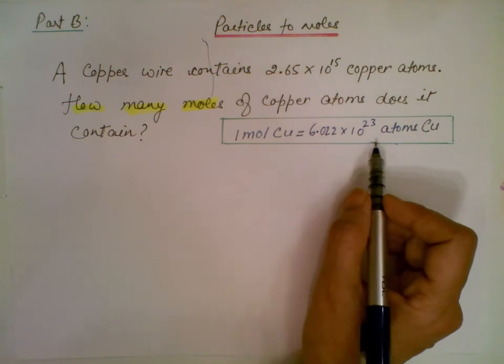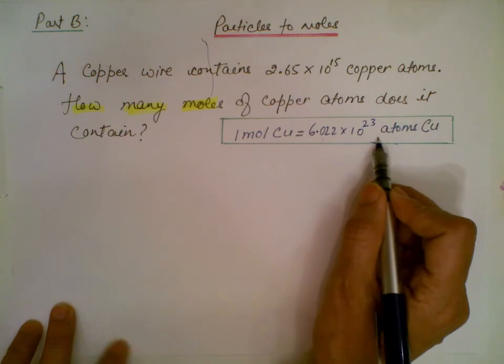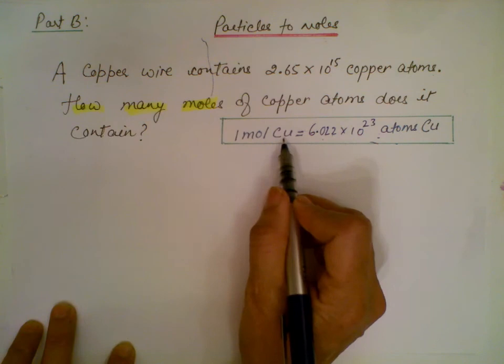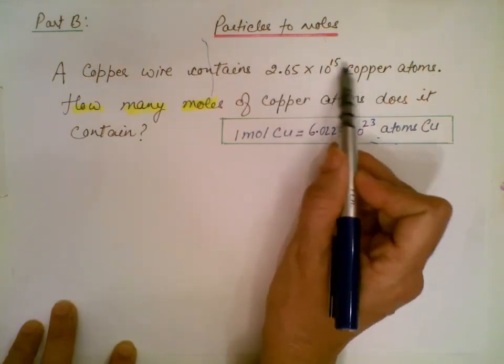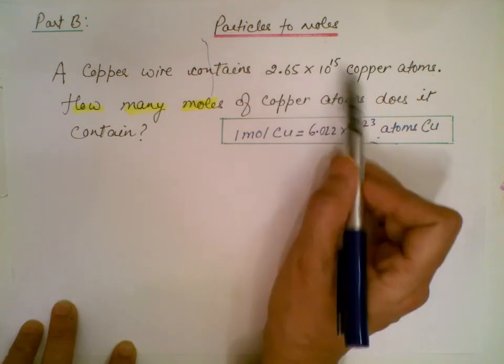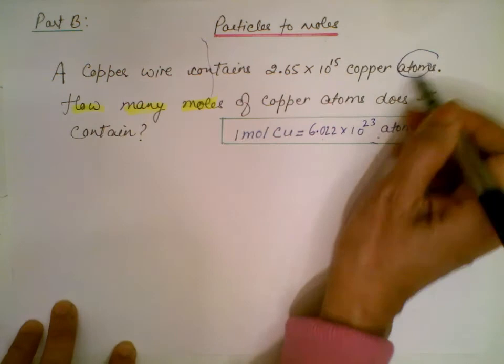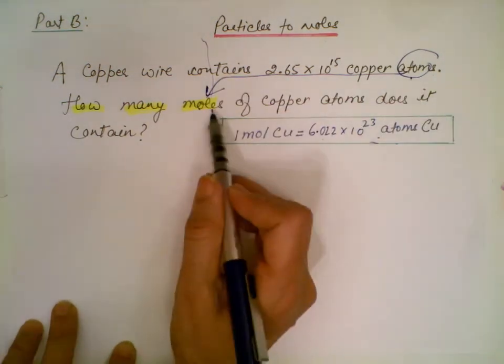This definition is telling us that 6.022 times 10 to the power 23 atoms of copper are equal to 1 mole of copper. So these atoms will be equal to how many moles? So what are you doing? You are going from atoms to moles, from known to unknown.